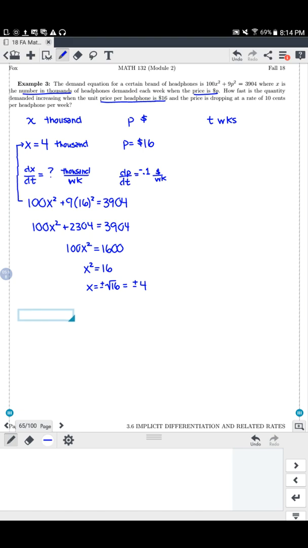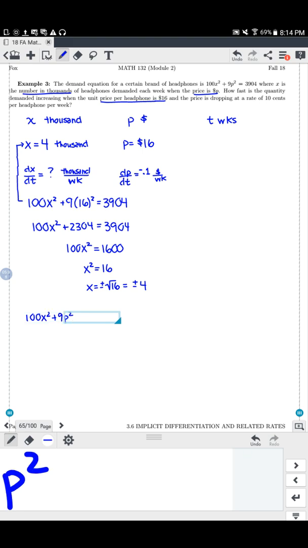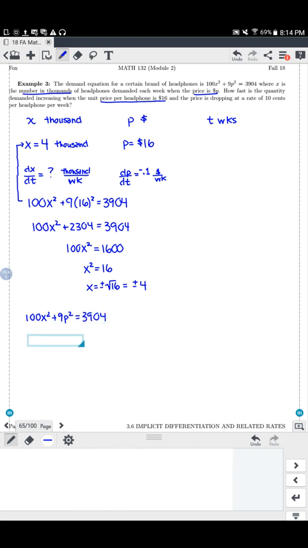So now I can finally solve for my missing derivative. I can figure out what is dx dt. So if I take the derivative of my original function, 100x squared plus 9p squared equals 3,904, I'm going to take the derivative and plug in everything I know to solve for dx dt, the one thing that I don't.